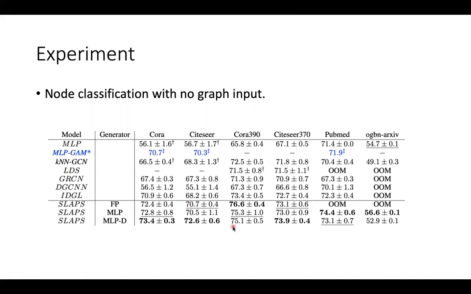And through their experiments, they are able to achieve great results, mostly with this MLP-D structure, meaning that they first conduct this KNN, and the initialization of the graph neural network is assumed to output the same or similar result as what the KNN outputs.